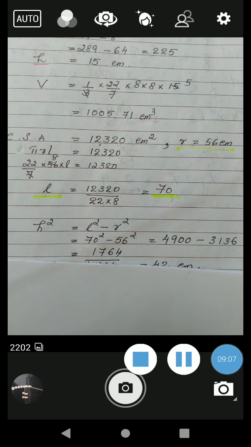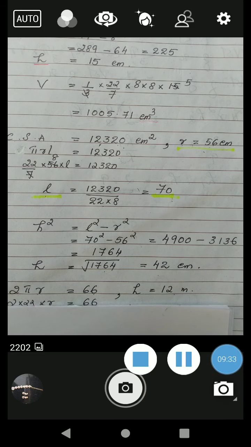Now question number 3. The circumference of the base of a 12 meter high conical tent is 66 meter. Find the volume of air contained in it. That means we want to find the volume of that cone. Circumference of the base. Base is a circle and the formula for circumference is 2 pi r, no?